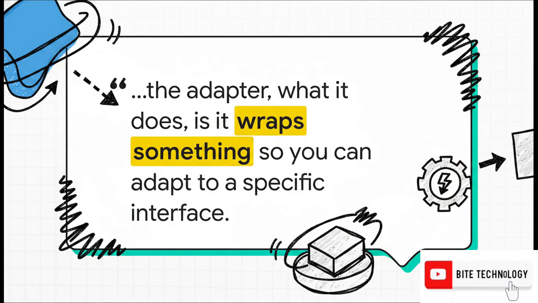This quote from our source just hits the nail on the head. It says, the adapter, what it does is it wraps something so you can adapt to a specific interface. It perfectly connects the action, the wrapping, with the goal, the adapting. You wrap the object to change how it looks on the outside, its interface, without ever touching the object itself.